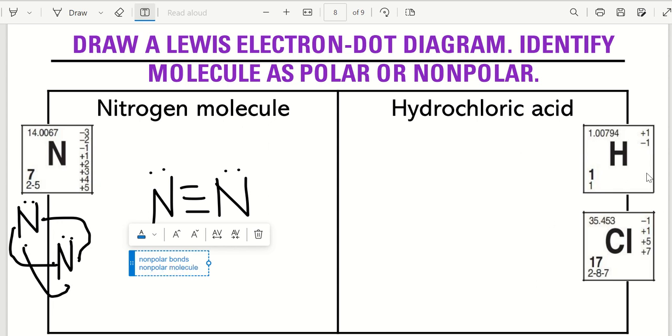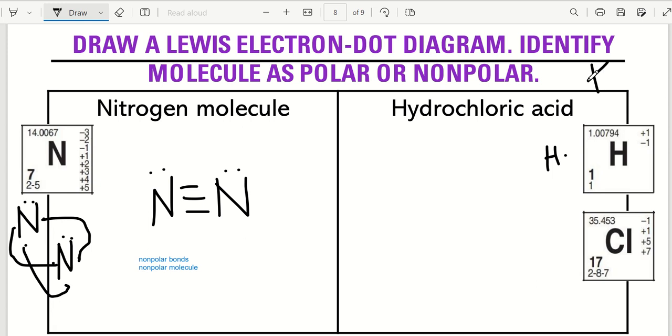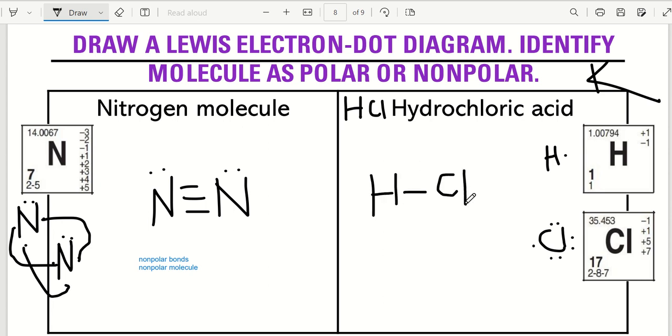All right, H and Cl. So H 1, well, if you forgot hydrochloric acid, please look at table K, and you could see the formula, which is HCl. All right, and then Cl has 7. 1, 2, 3, 4, 5, 6, 7. Okay, only 2 things. Start by literally just drawing them with a line connected.